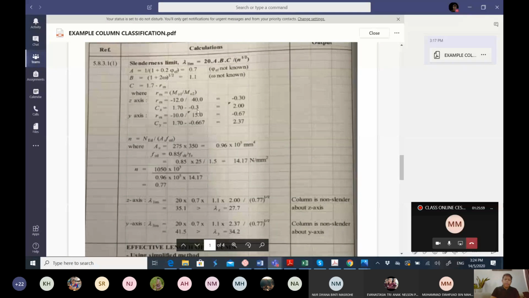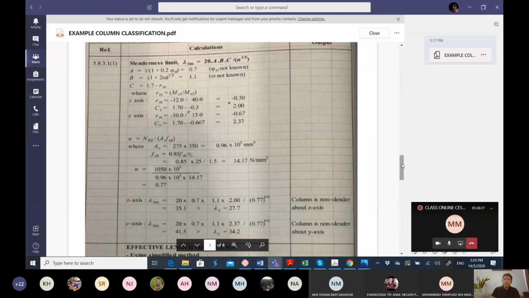So you remember I told you before, you have to put in the negative value here. And then you calculate your n is equal to NEd over Ac fcd. So don't forget your NEd times 10 to the power of 3.